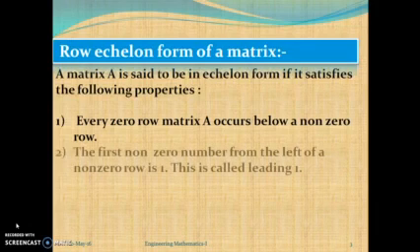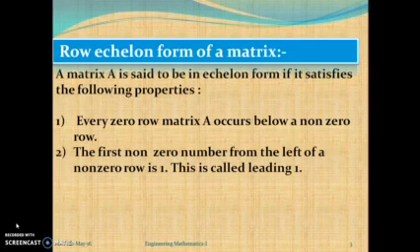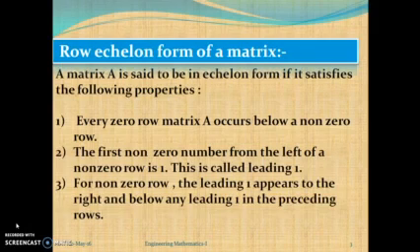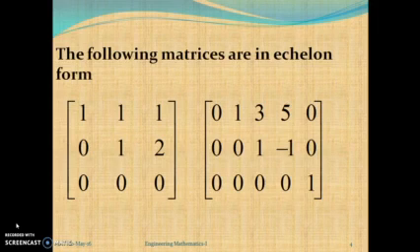Second property: the first non-zero number from the left of a non-zero row is 1. This is called the leading one. Third property: for a non-zero row, the leading one appears to the right and below any leading one in the preceding row. Now let us see examples.